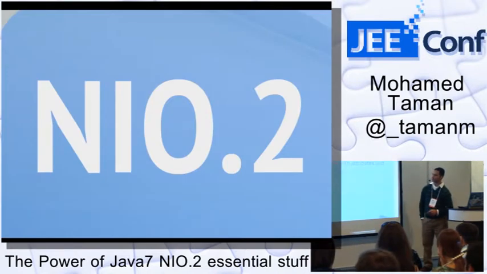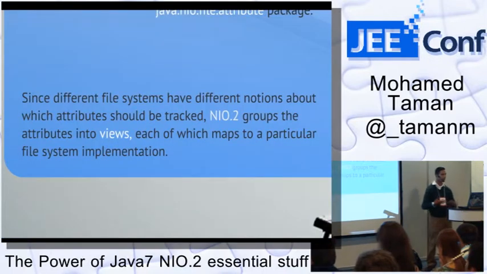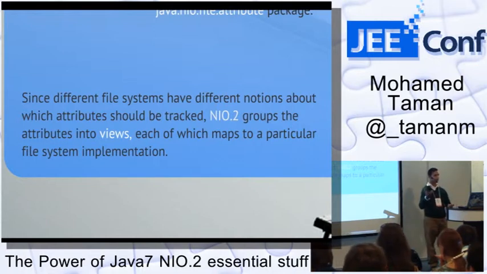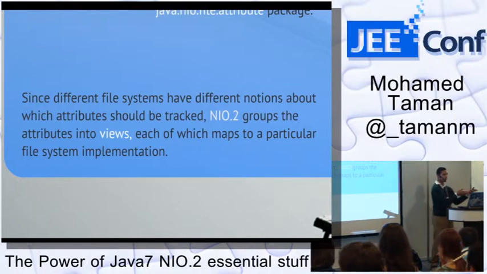Okay. Metadata is information, and NIO.2 introduced managing this metadata in the attribute package. Since different file systems, as I told you before, have different views, because you know the schema of working in POSIX or Unix, that rwx set of permissions that you write on a file isn't included in Windows.